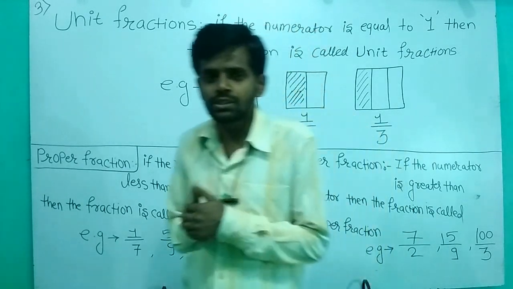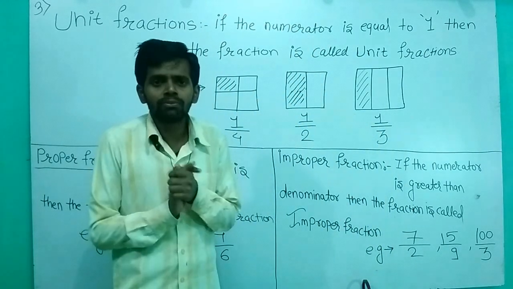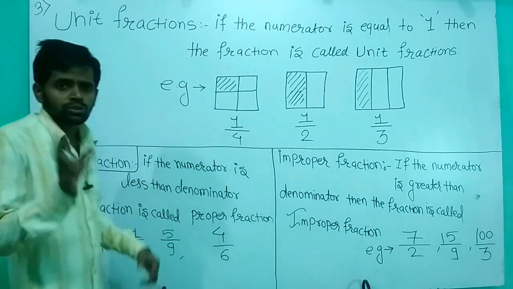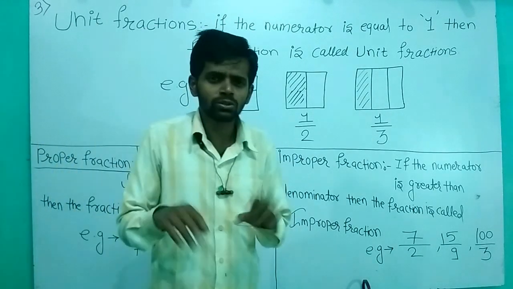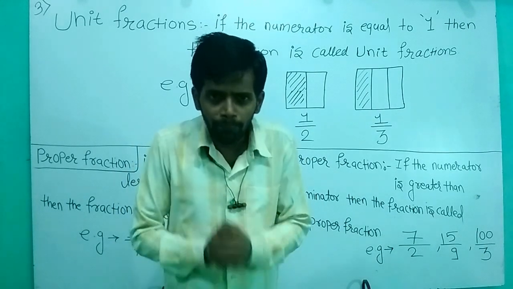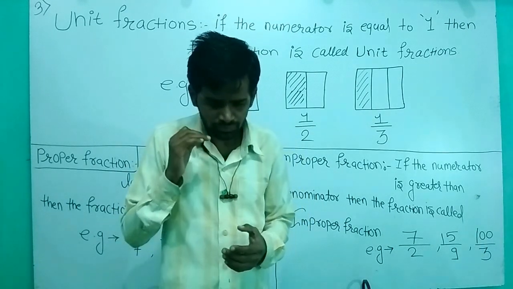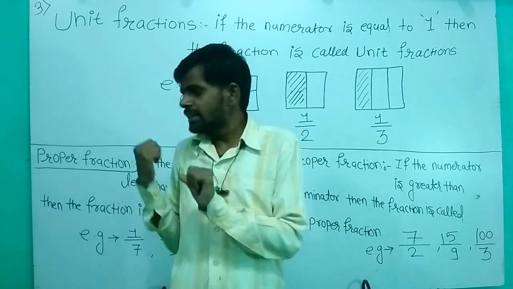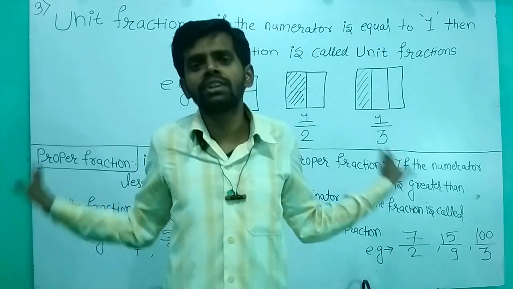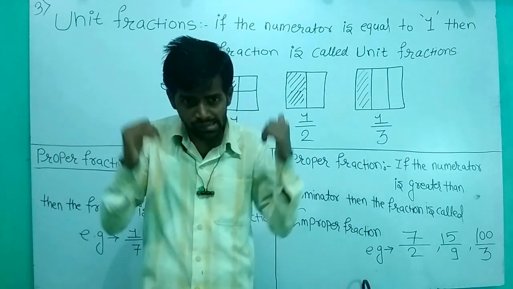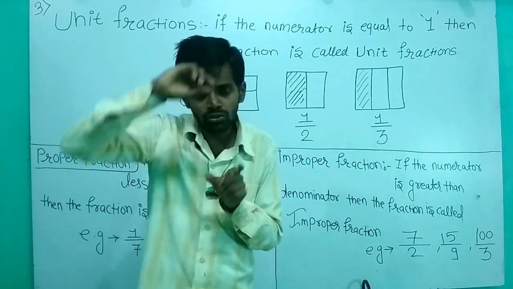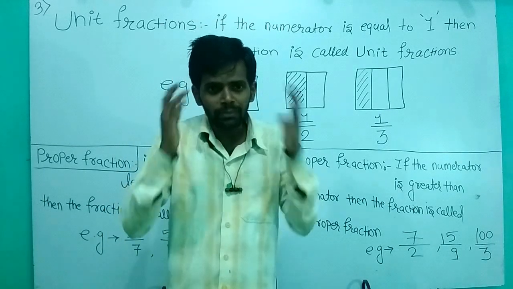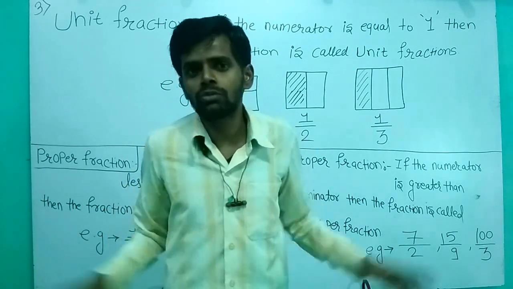ठीक है, listen dear students, it is a definition of proper fraction in your book. बुक क्या बोल रही है कि आपका न्यूमरेटर छोटा चाहिए और डिनोमिनेटर बड़ा चाहिए. That is called a proper fraction. But it is very, very difficult to say why we are saying that it is a proper fraction. It is not written in your book. आपके बुक में वो लिखा ही नहीं है. अगर न्यूमरेटर छोटा हो जाए, डिनोमिनेटर बड़ा हो जाए तो इससे क्या होने वाला है, इसको इमेजिन करने के लिए आपकी बुक में कुछ भी नहीं है.